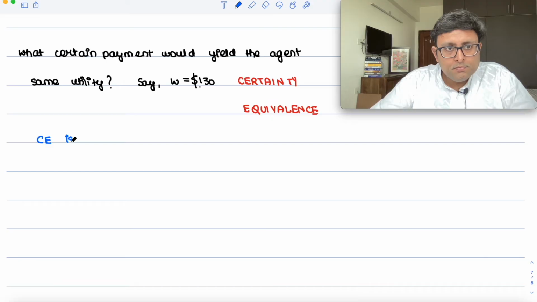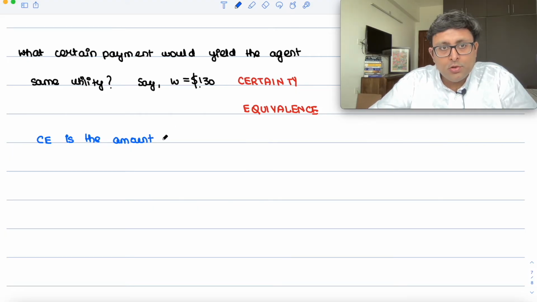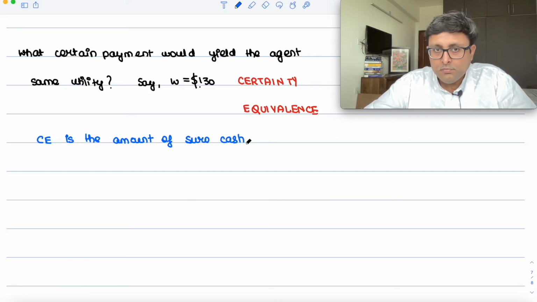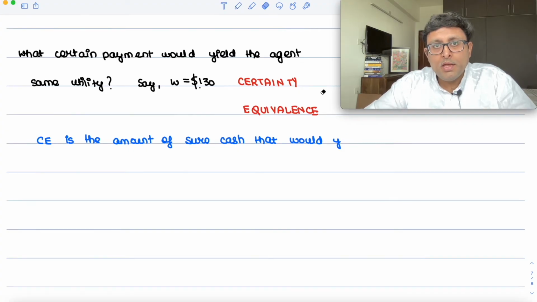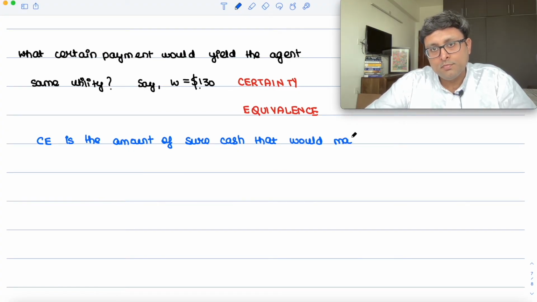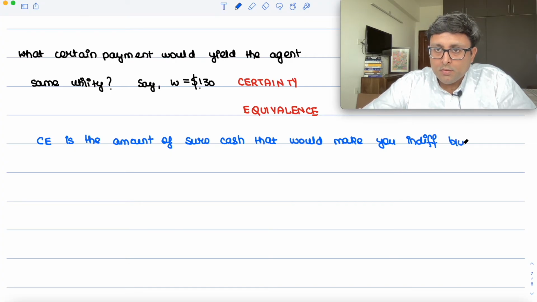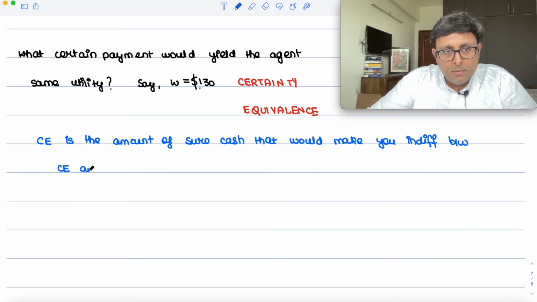Certainty equivalence is the amount of sure cash that would make you indifferent between the certainty equivalent amount and the lottery.